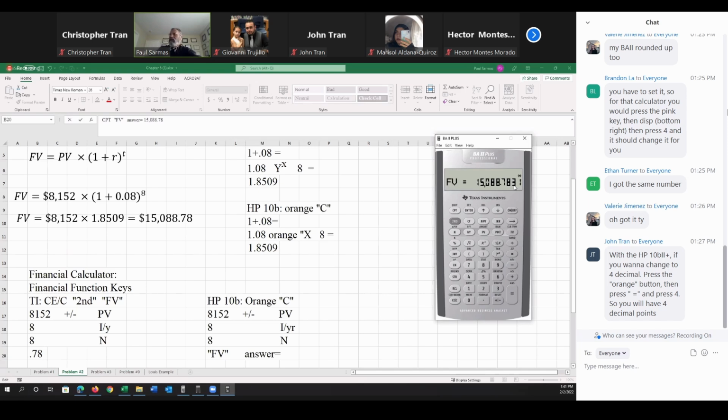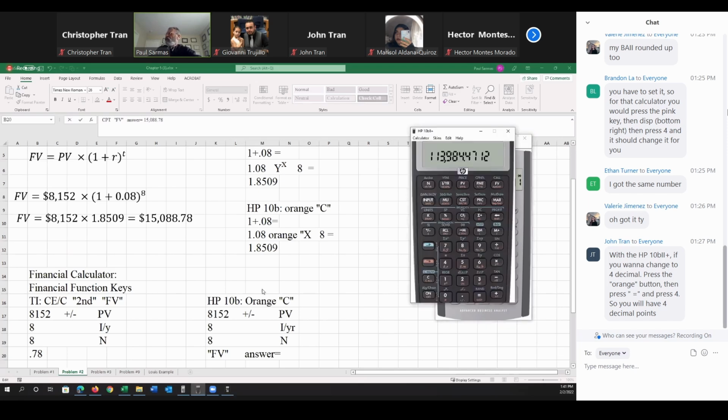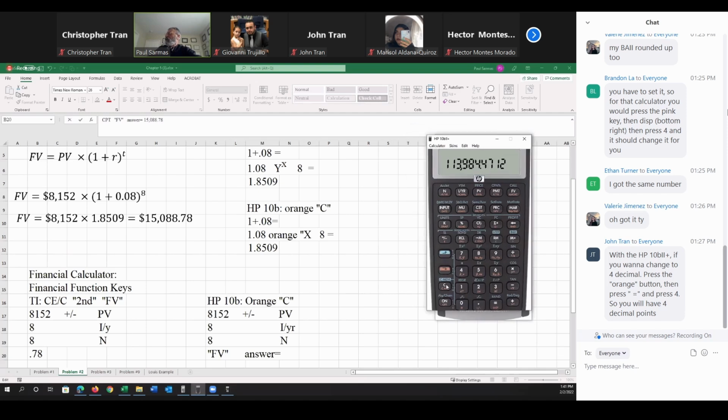Okay, let's try this. The Hewlett Packard. Clear. Use orange key, and C. It clears. 8152. I changed the sign. The change sign is here on the left-hand corner.